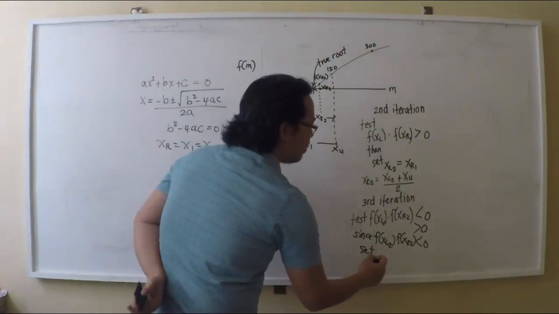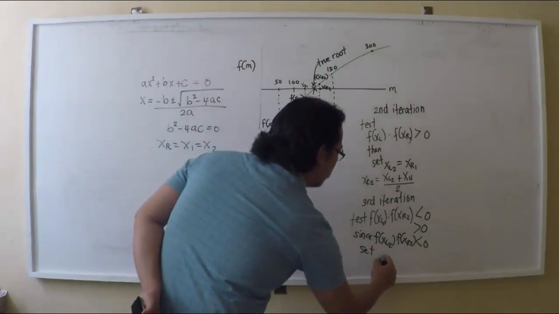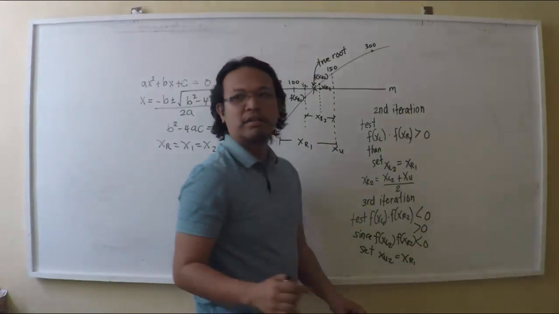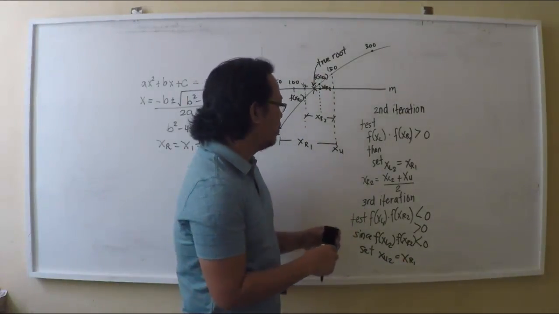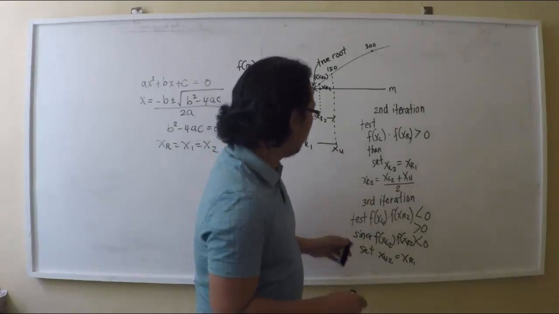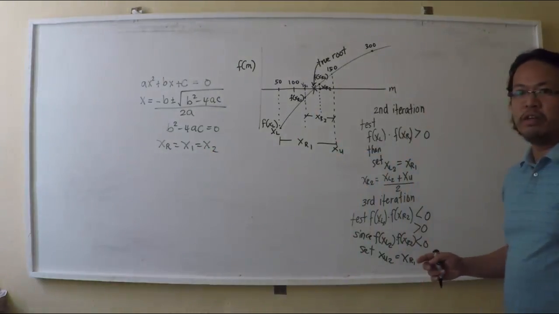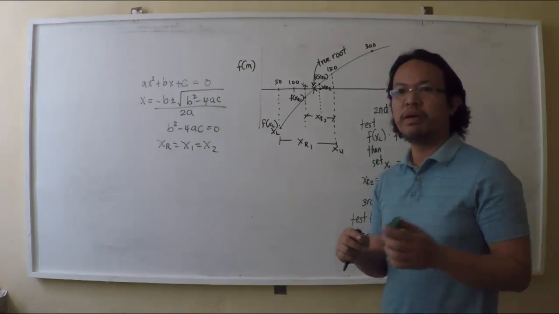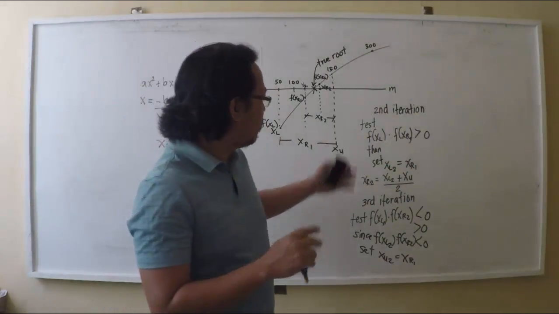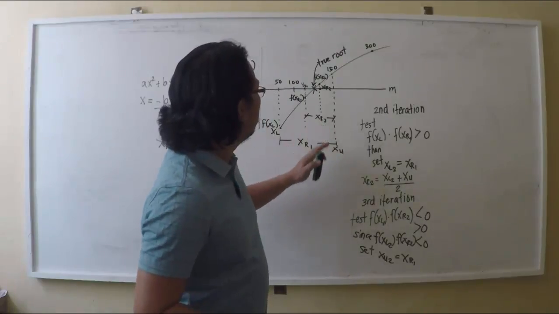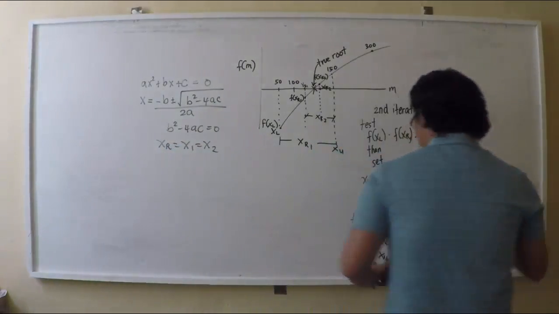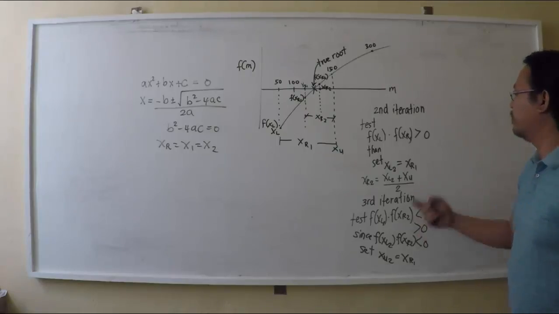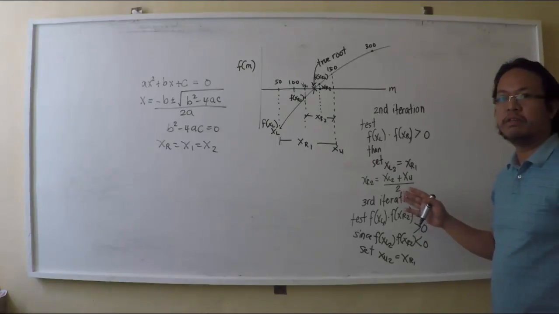So you set xu2 equal to xr1, the root that you computed a while ago. Then you can move on to the fourth iteration, but first let's solve this one, from the third iteration.